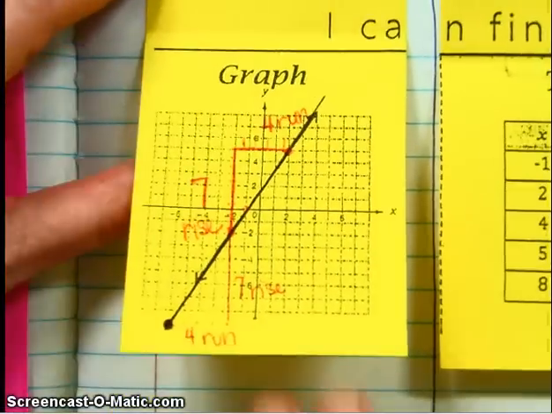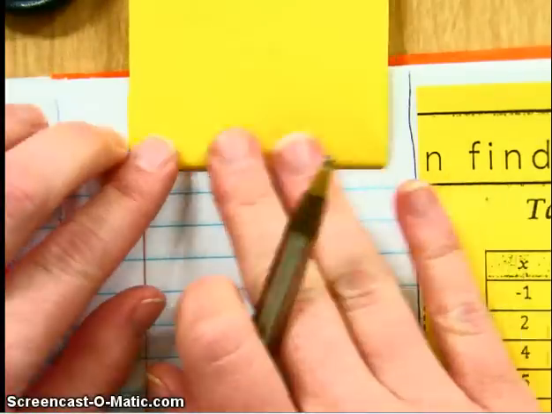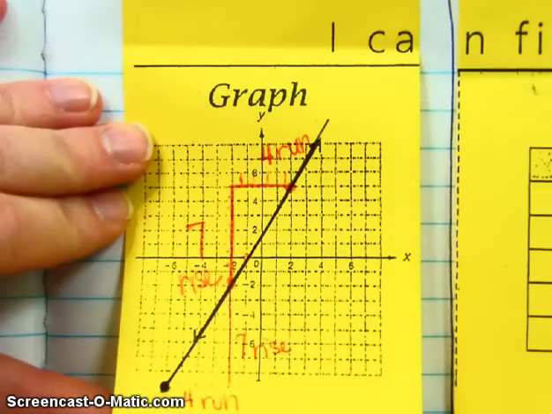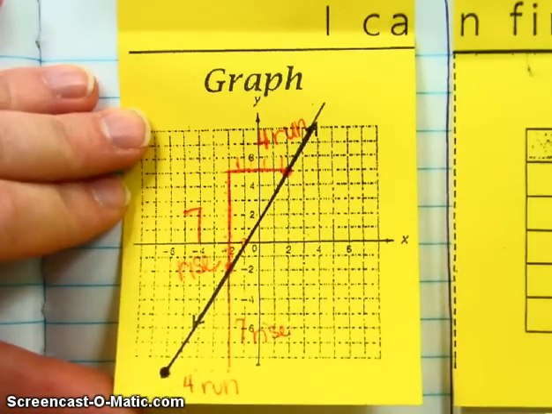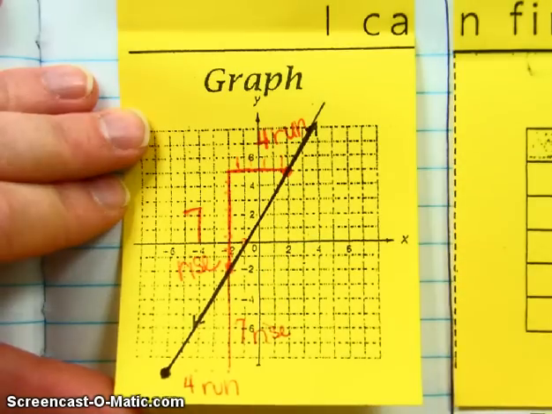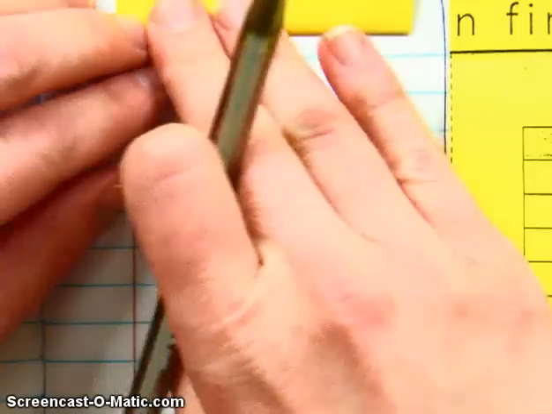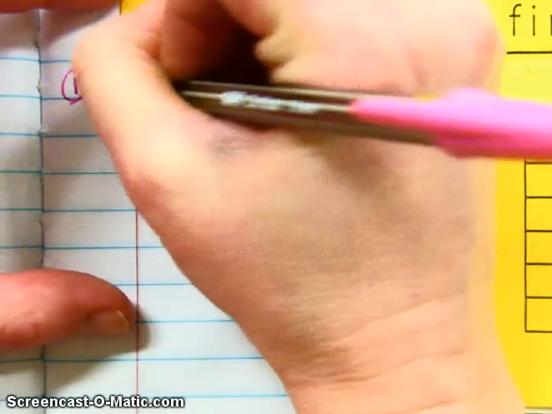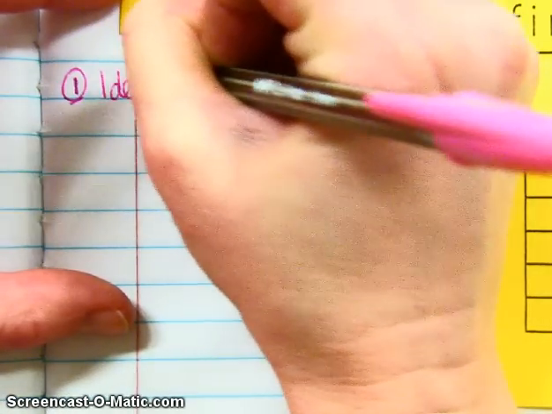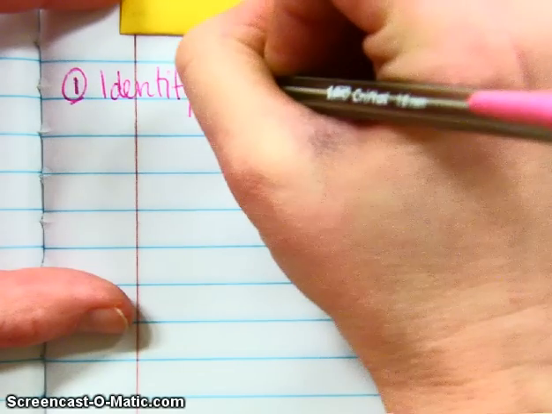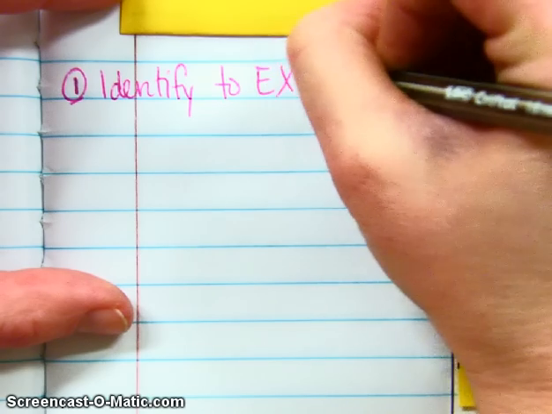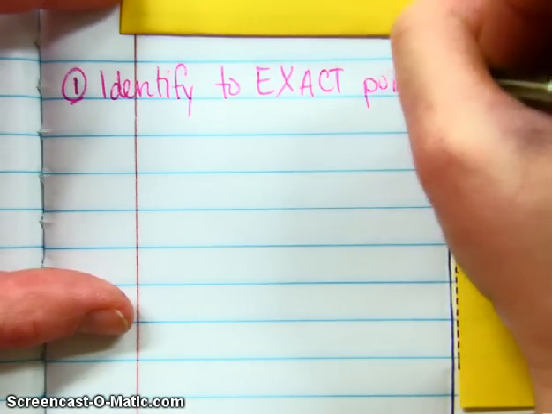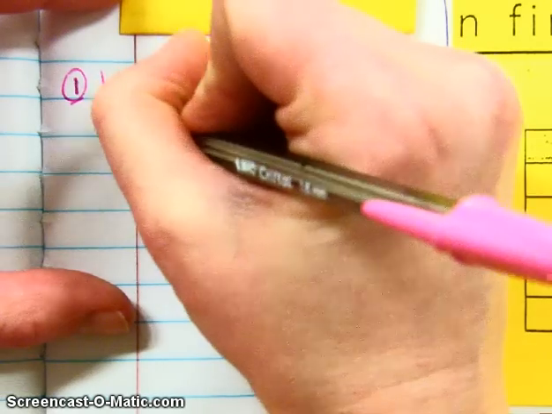So if we flip our little flap up, let's write down the procedures which we just followed to find our slope from a graph. The first thing we did was identify 2 exact points on the line.